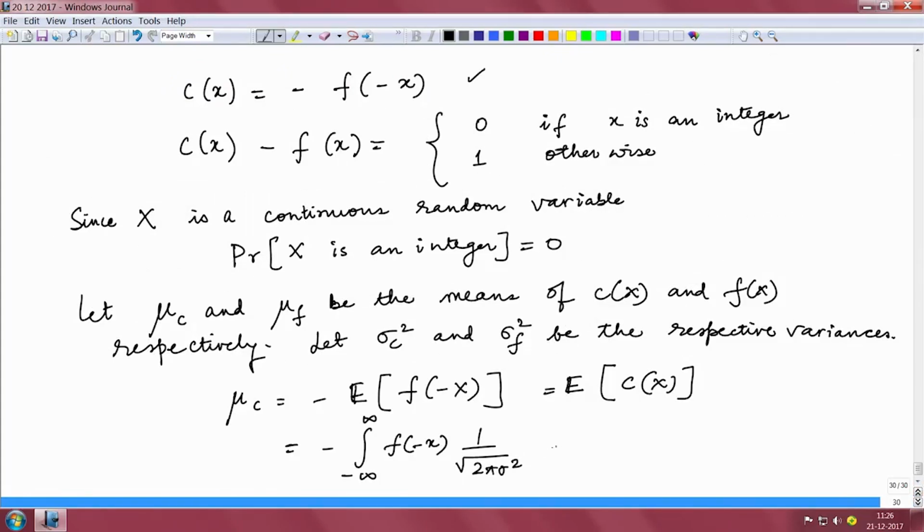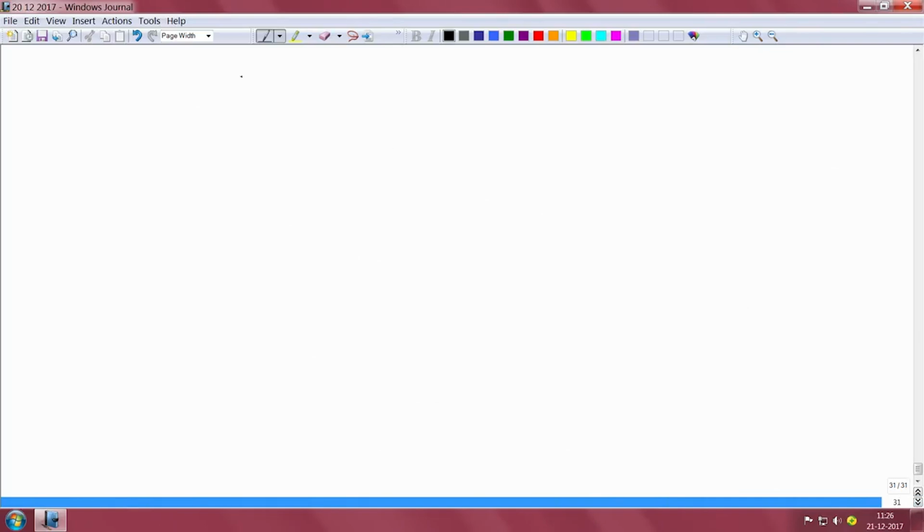So this becomes minus the integral from minus infinity to plus infinity, by making use of x equal to minus y, of 1 by square root of 2 pi sigma squared e power minus y squared by 2 sigma squared dy.